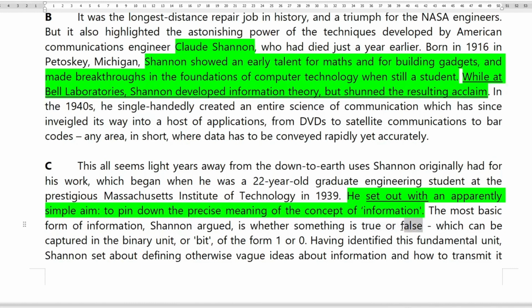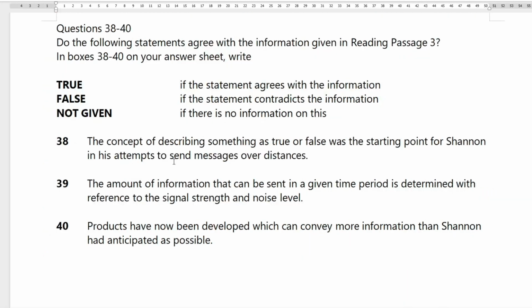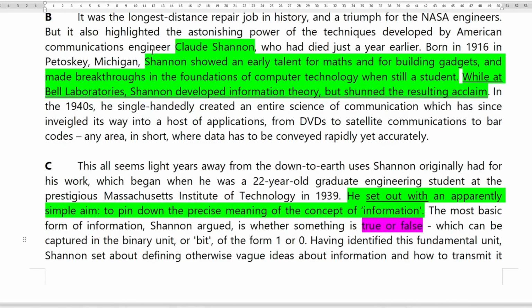There we go, true or false. Let me just choose some sort of purple, I guess. So initial attempts, some sort of initial attempts.